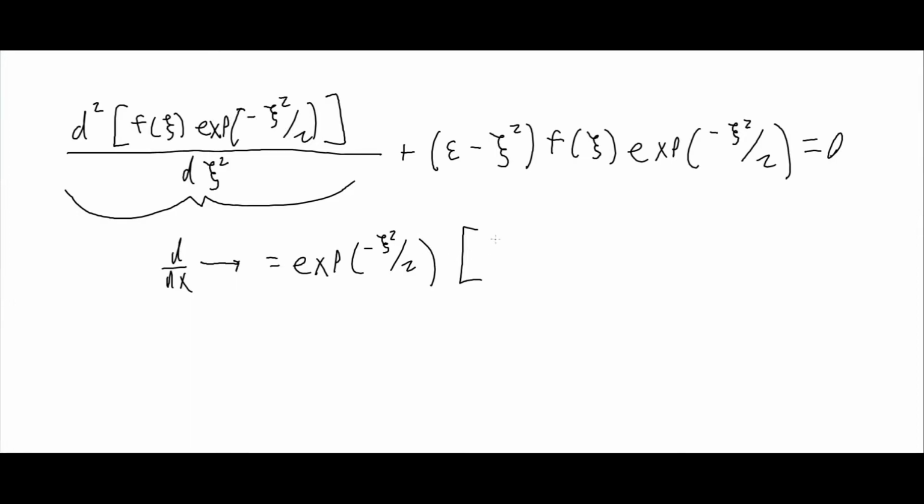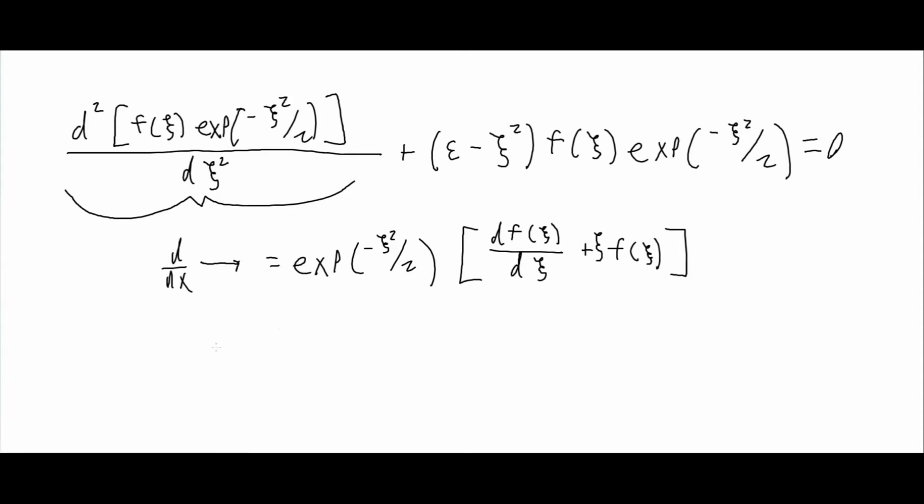So we will end up with df of xi over d xi plus, it should be, we should have a minus xi out here times the f of xi.